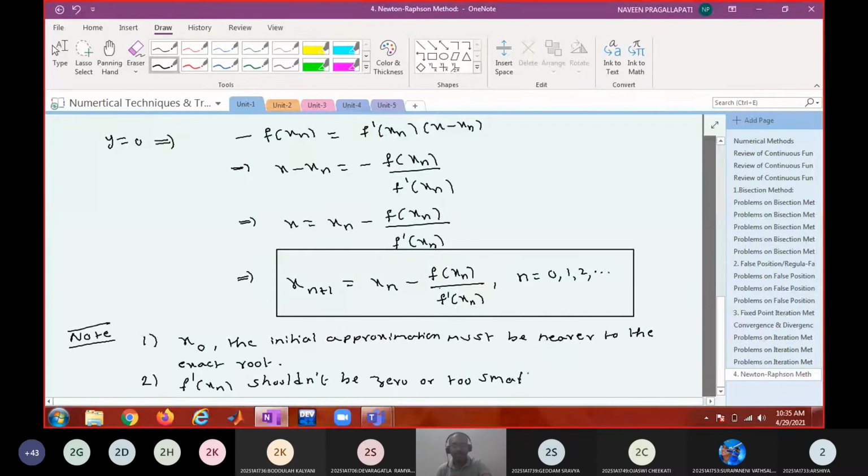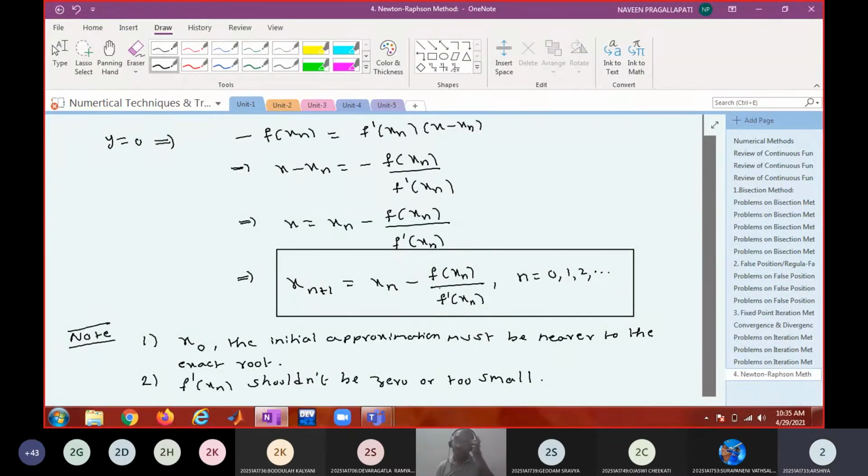I'm talking about the denominator derivative. If that is the case, you may not get the convergent sequence. So the method fails to apply when the derivative is 0. Is that okay?